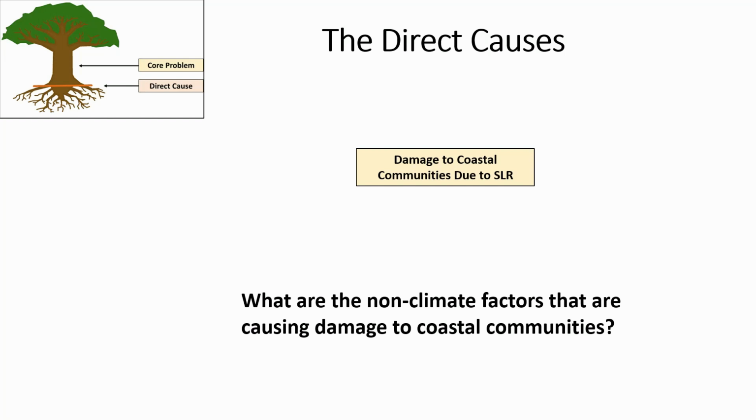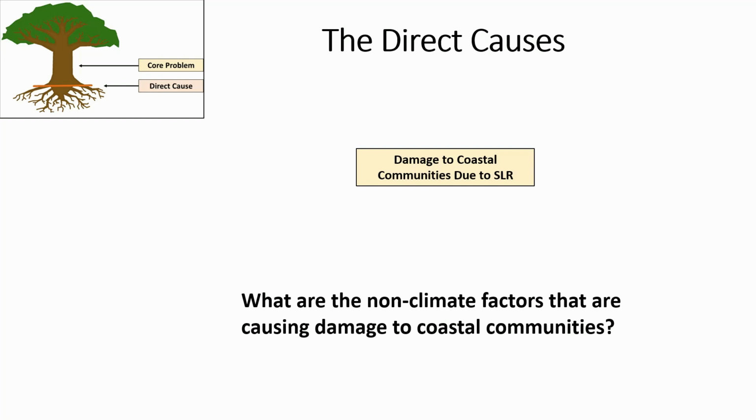But remember, it's not feasible for us to solve the sea level rise issue. So instead, we need to tackle the things that make people, places, and things vulnerable to the impacts. We need to tackle the non-climate factors that are leading to damage to coastal communities.